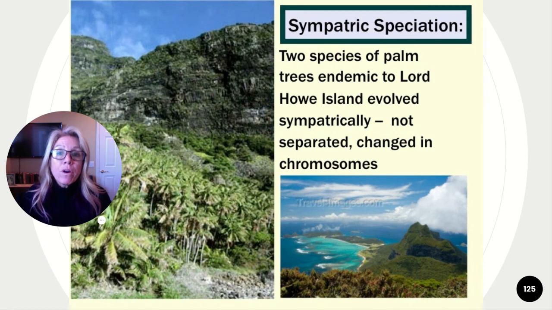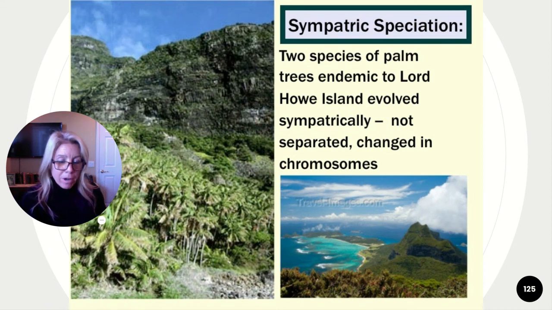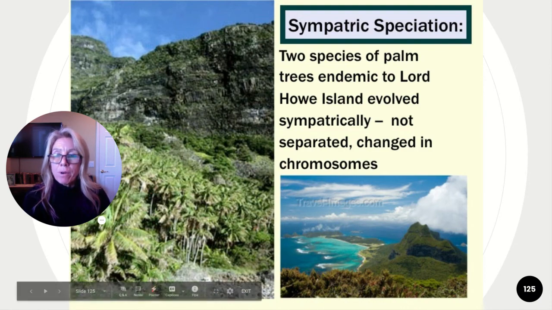An example where this has happened is in Australia at Lord Howe Island. These trees were side by side, but there was a mutation in one that reproductively isolated it, so it no longer interbred with the others. So sympatric speciation is defined as speciation without a geographic barrier, usually involving a change in chromosome number.